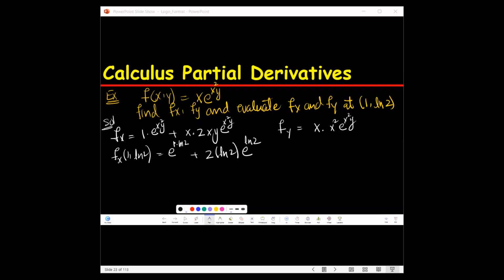There's a 1. I'm going to eliminate this 1 as well because it has no meaning really. So I'm going to just write ln 2. All I did was substitute the values y equals ln 2 and x equals 1.